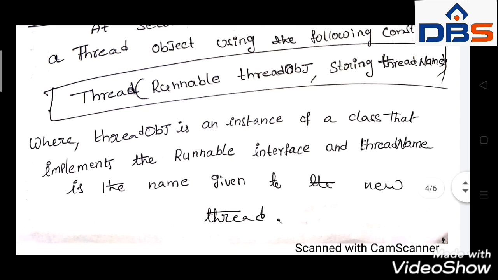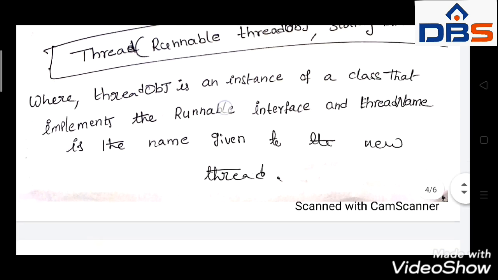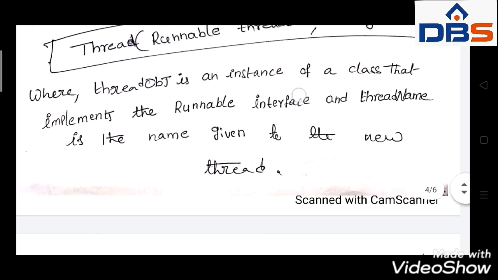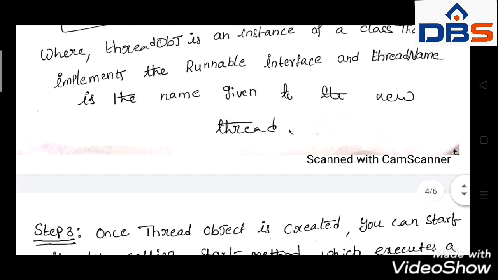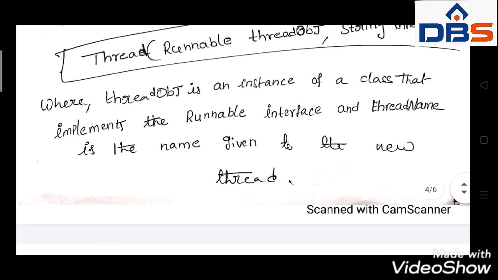If you want to create that, we use this syntax: Thread(Runnable threadObject, String threadName). Here threadObject is an instance of a class that implements the Runnable interface, and threadName is the name given to the new thread.